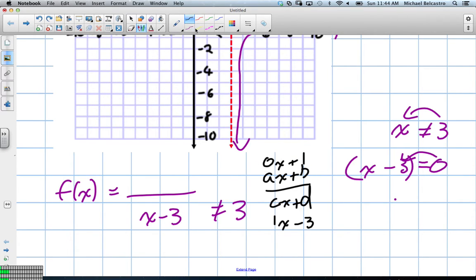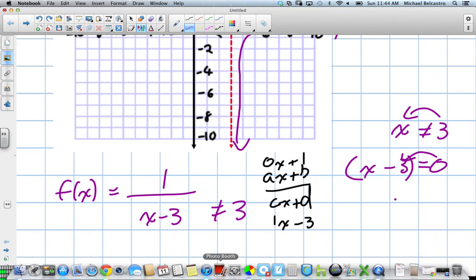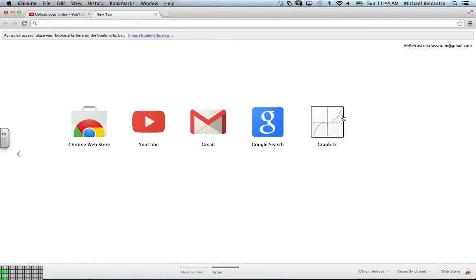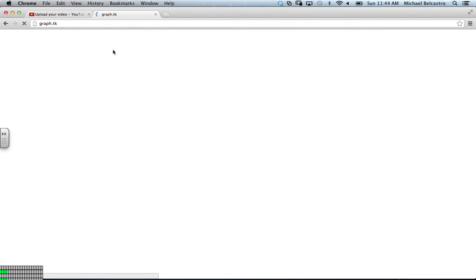So the way this ends up laying out, 0x is 0, so we end up with 1 over x minus 3. And we could always plug that into something to make sure that was correct, right? We also have that program I told you about. Let's see if we can bring that up. The exact question, what did we say it was? 1 divided by x minus 3?